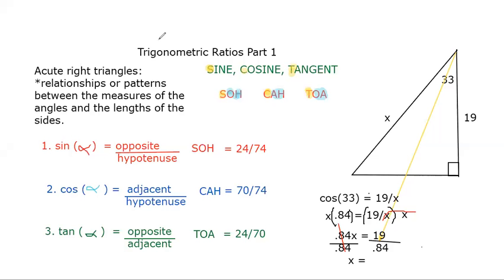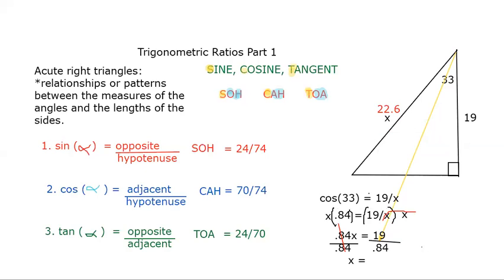X is 22.6. Look at what you know about the triangle with the side length that you do have labeled. And yes, 22.6 would make sense because that's the hypotenuse. It should be a little bit longer than that long leg.